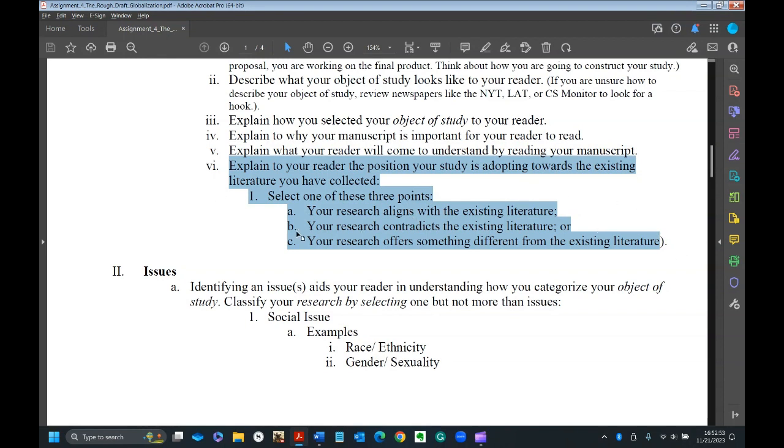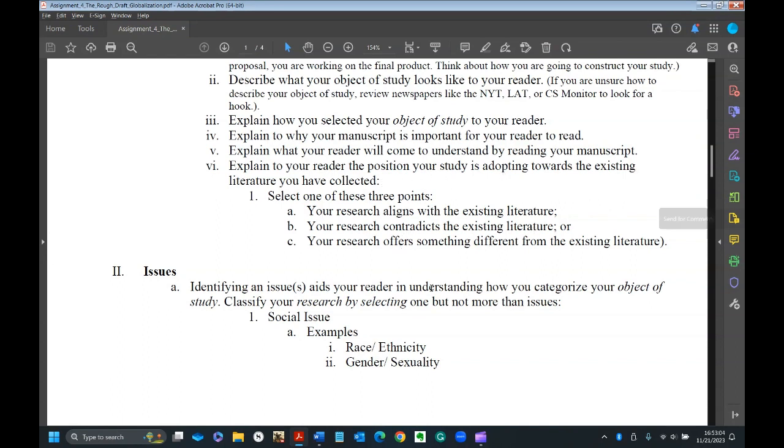As I mentioned, you're going to select one of these three points in terms of how you relate your research with the existing sources you've collected.